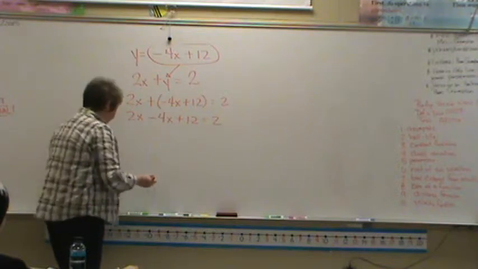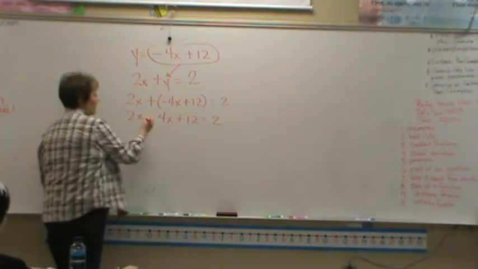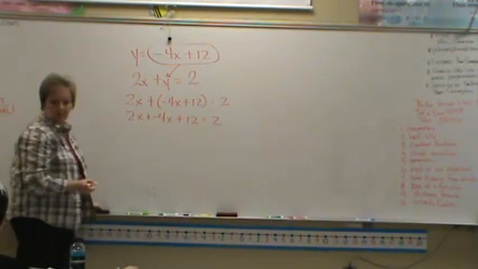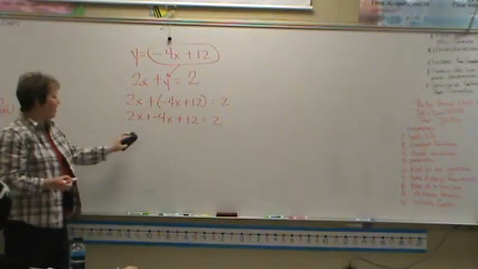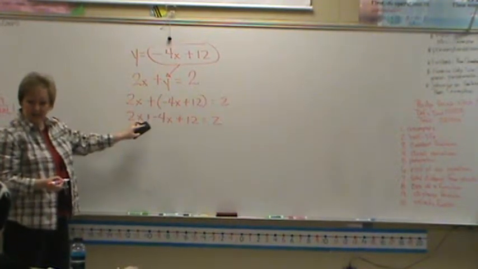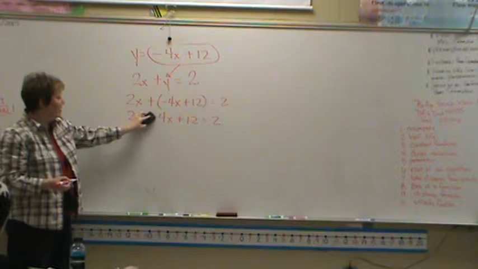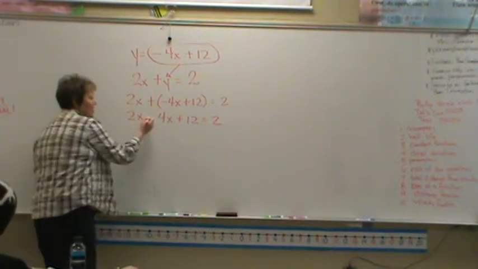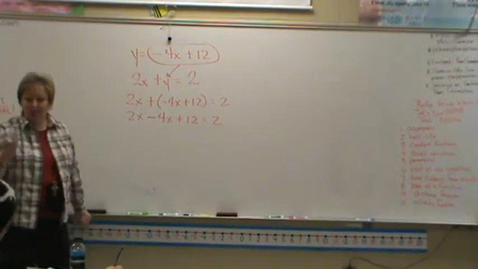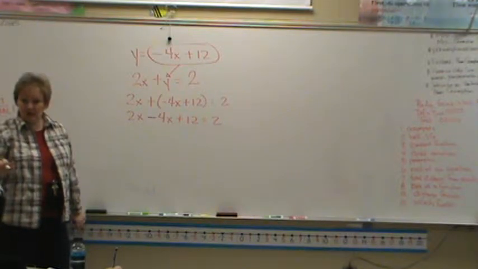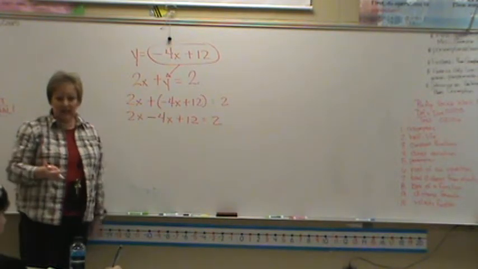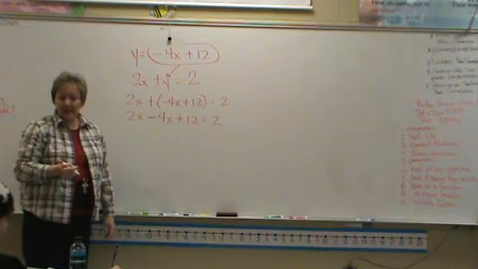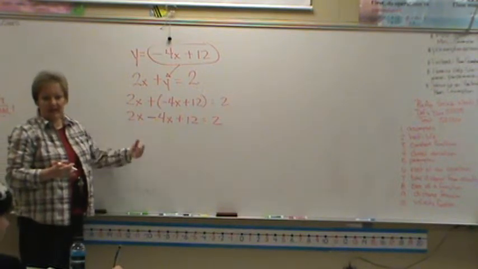If I could write that like this, but I'm getting too many signs in there. It's just gonna make life more confusing. Since that minus sign is the sign of the number and it means subtraction, I'm just gonna tell it like it is and put the minus in there. It didn't disappear. We're still adding negative.